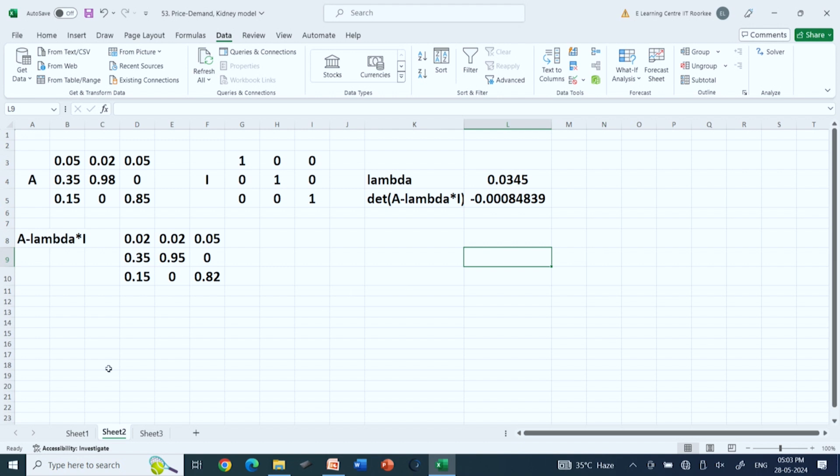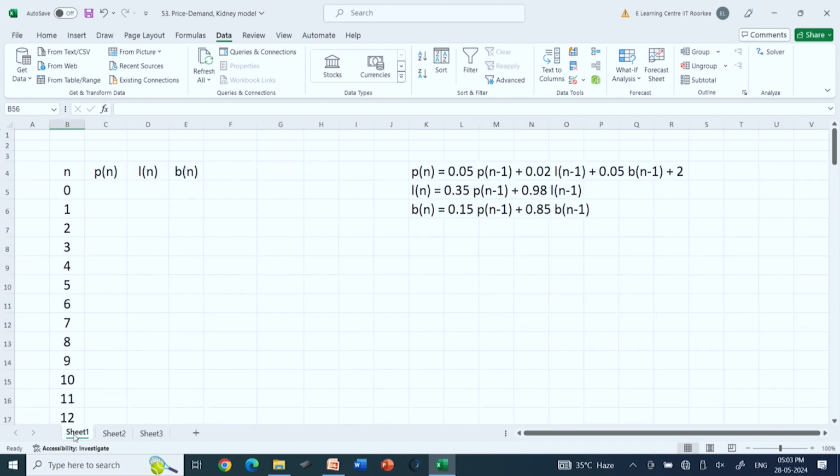Next, we move to the numerical solution of the model. I already have the equations here. Let me take the initial values. So, I put 10, 20 and 5.